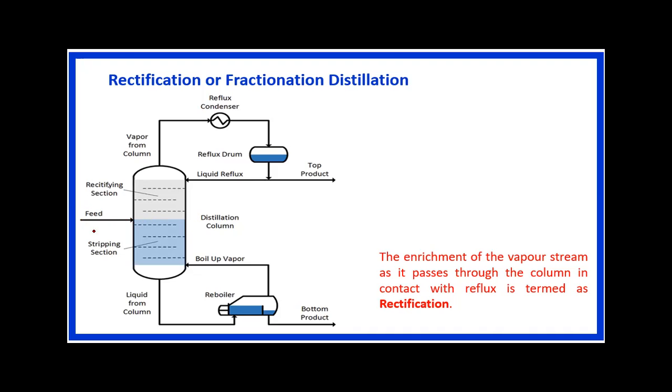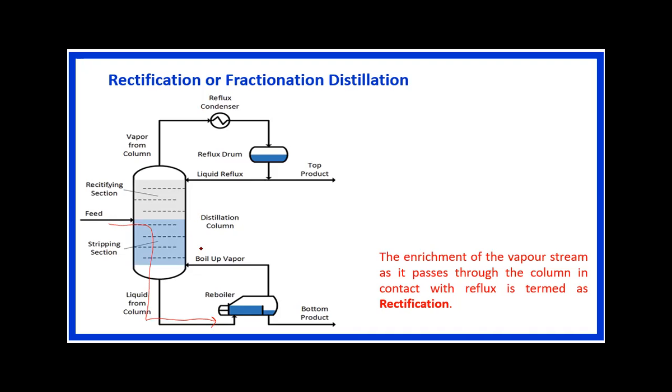After feeding this liquid component mixture into the column, if it is in the liquid phase, obviously this feed flows towards the reboiler, and in the reboiler, with the help of low pressure steam or medium pressure steam, that liquid feed is heated.